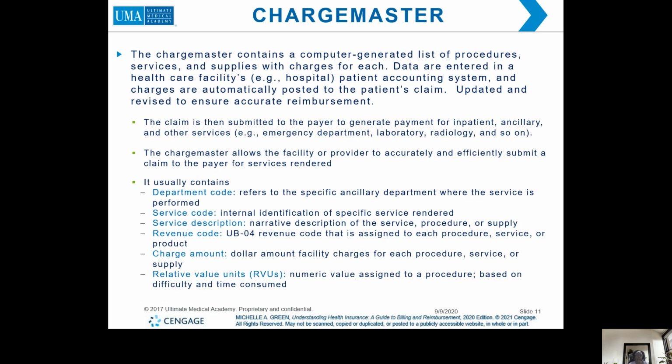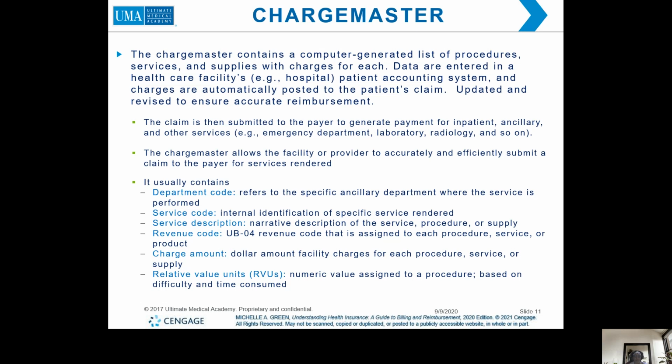And then the charge master is in the computer, and it has a description of every single CPT code in there. That's why it's called the charge description master. It has the charge description in the name. And it has to be updated, like I said.